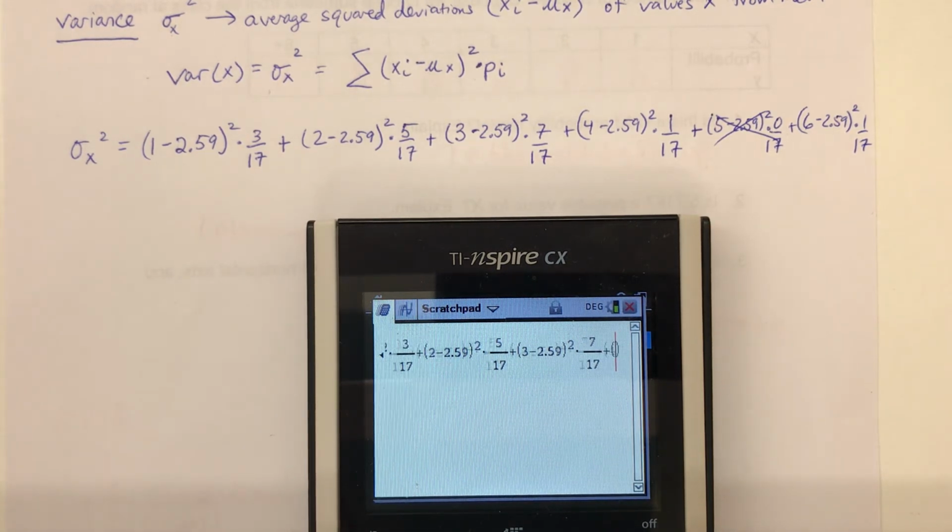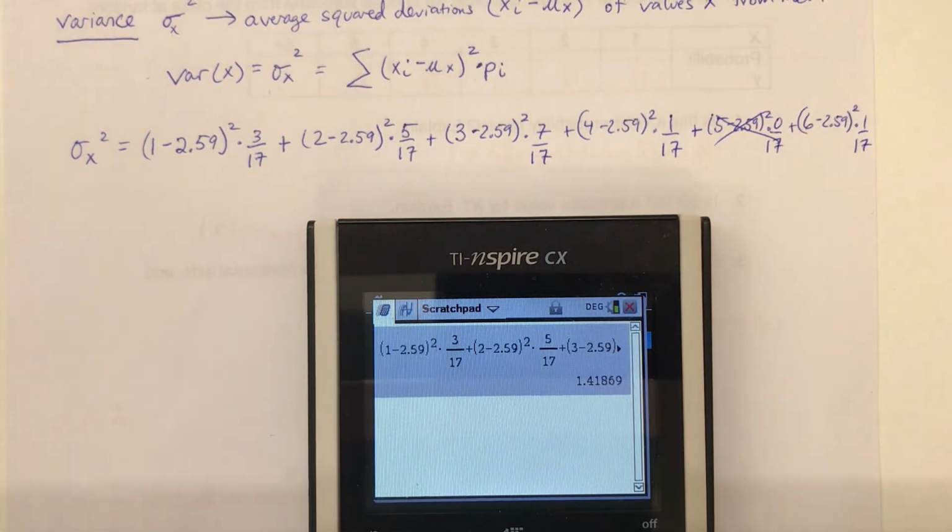And we keep going here, almost done. And then the last one. And you can see why even with this calculator, this is kind of a long process. So there is a faster way.